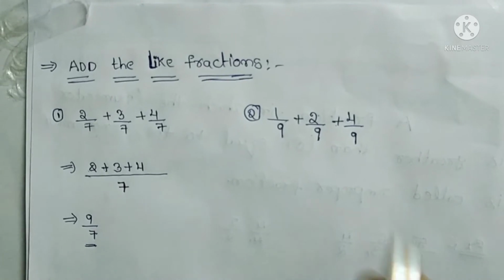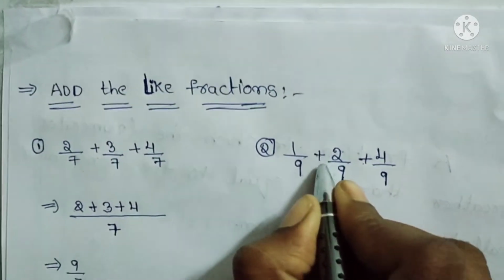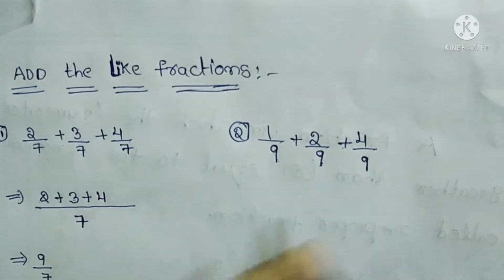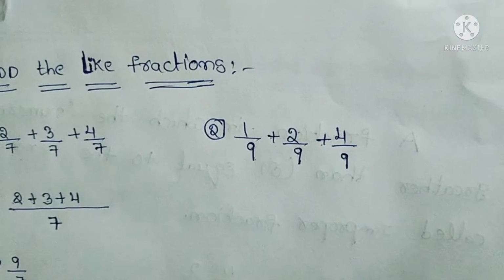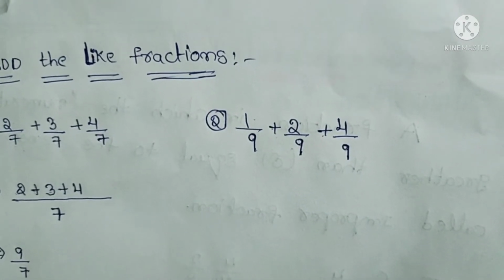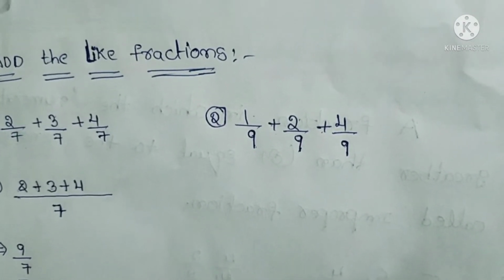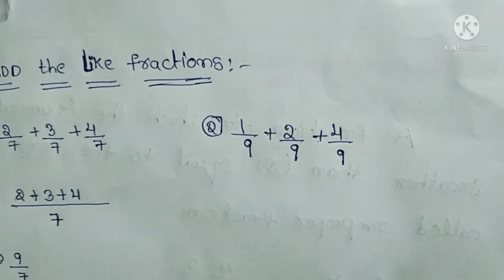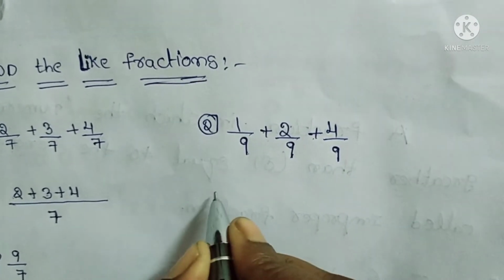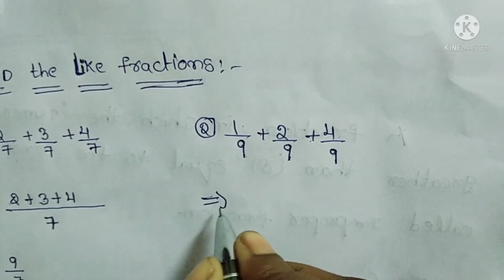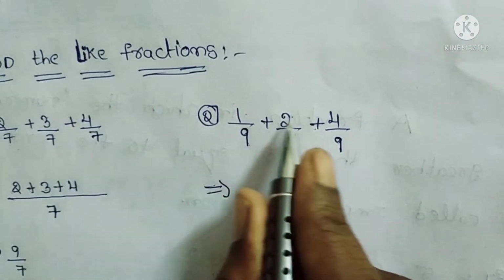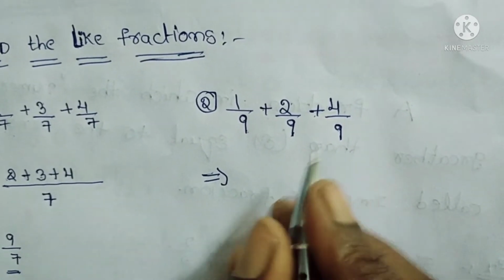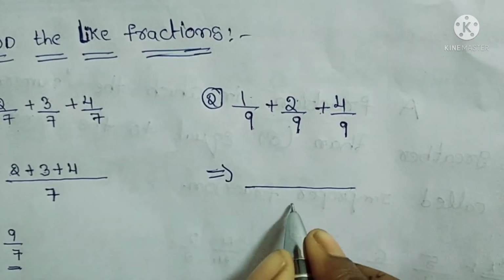Some more examples. 1 by 9 plus 2 by 9 plus 4 by 9. These are like fractions, since the denominators are the same. To add like fractions, we add only the numerators. The denominators are written the same, so 9.